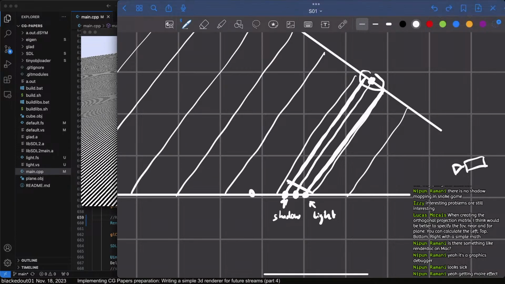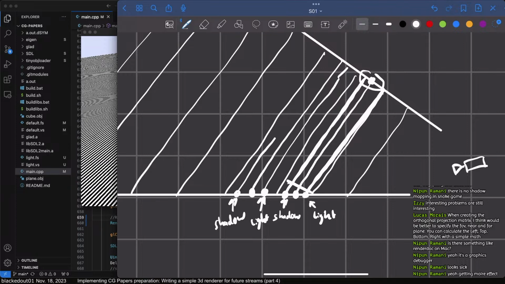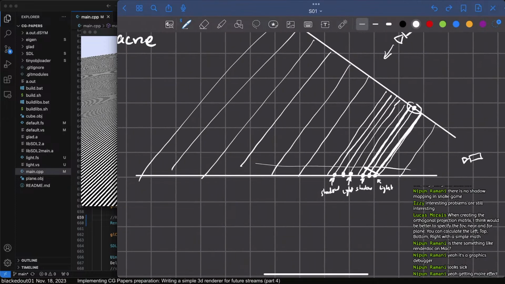So again, this here would store this depth value. So this point here again would be in light because it compares against this texel, and this here would again be in shadow because it again compares against the same pixel.